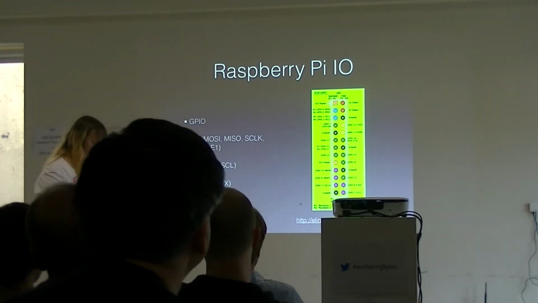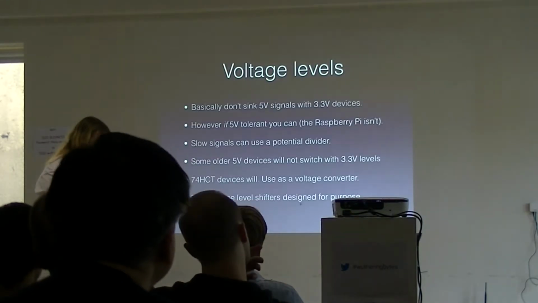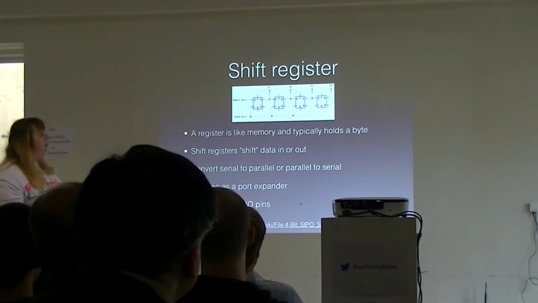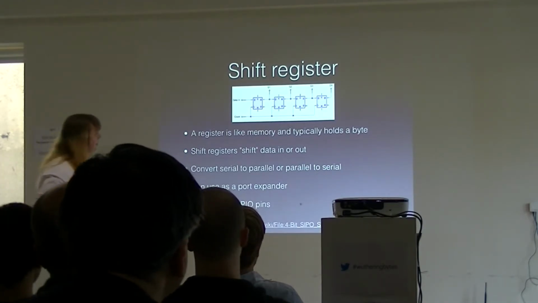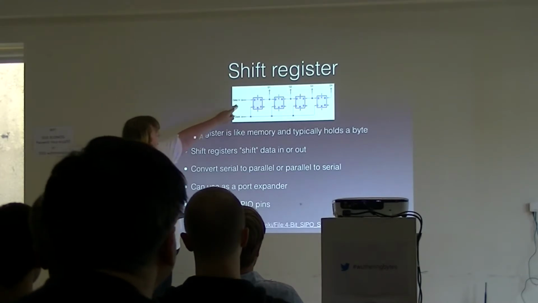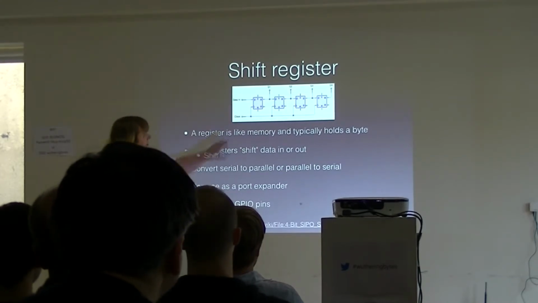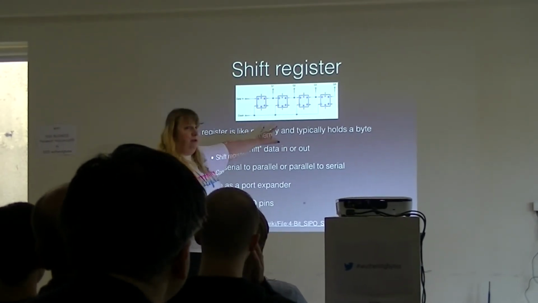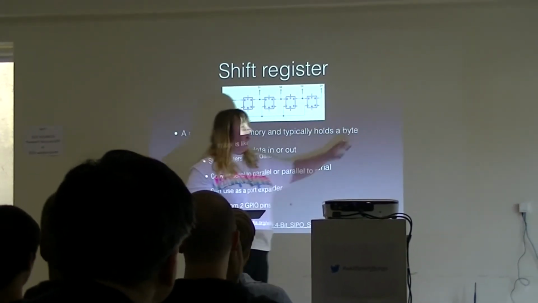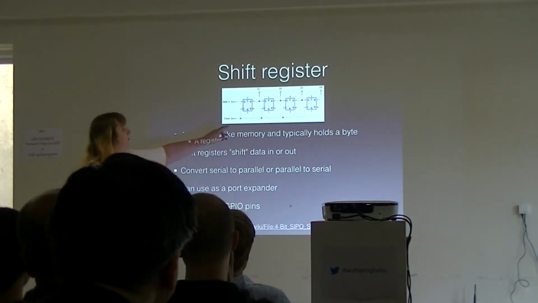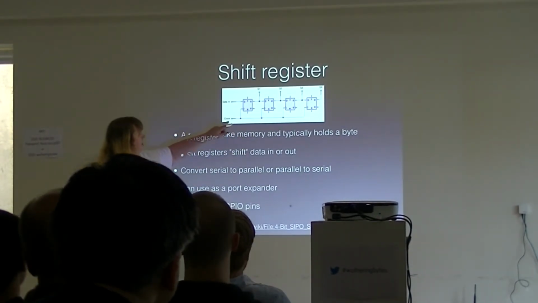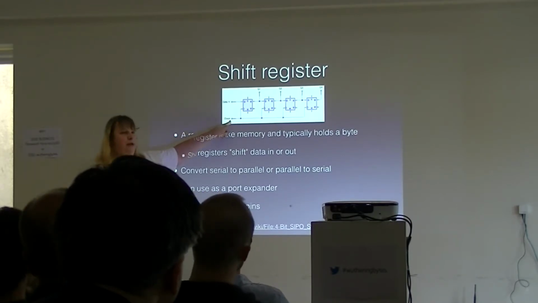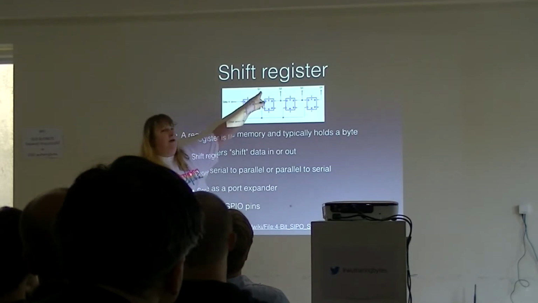So what we can use is something called a shift register. It looks horrendously complicated, but basically you've got two inputs and outputs, and this can keep going. There's only 4 there, but in a lot of chips it goes to 8 or whatever. In this case, if you set that high and then pulse that pin, that will go high.